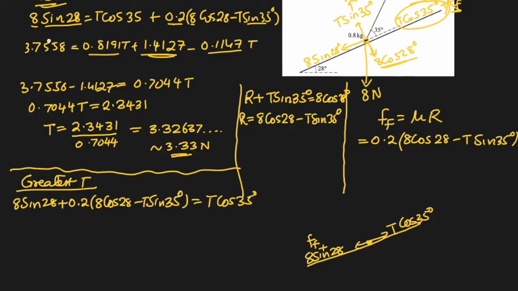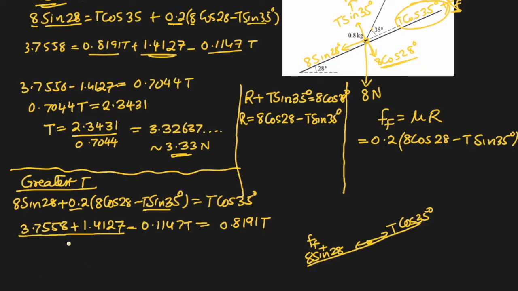And now we will write again. 8 sine 28 was 3.7558 plus 0.2 times this one, which was 1.4127, minus 0.2 times this, which was 0.1147 T, equal to 0.8191 T. Now this T has to come with the other T, and these two will add up.